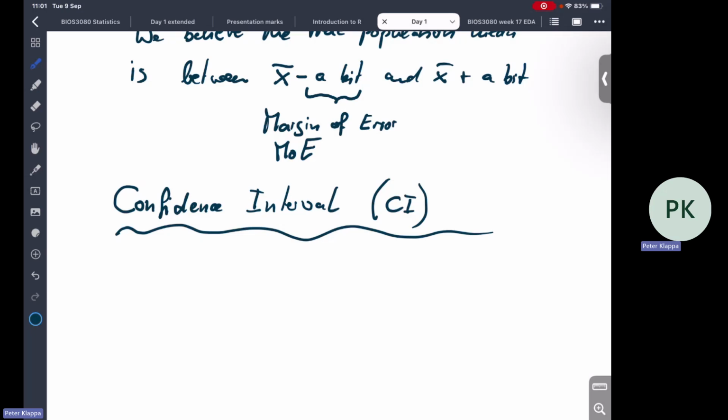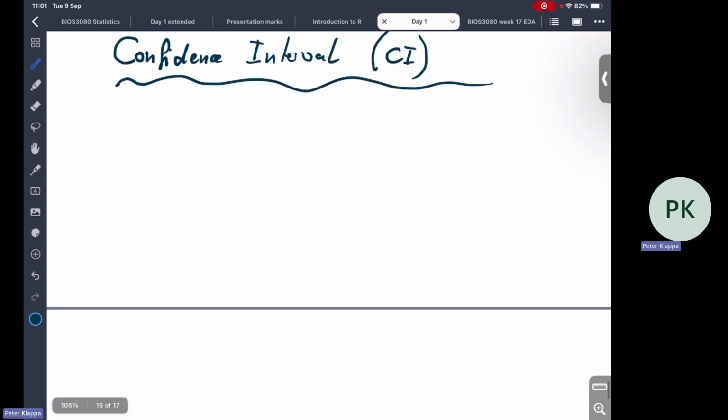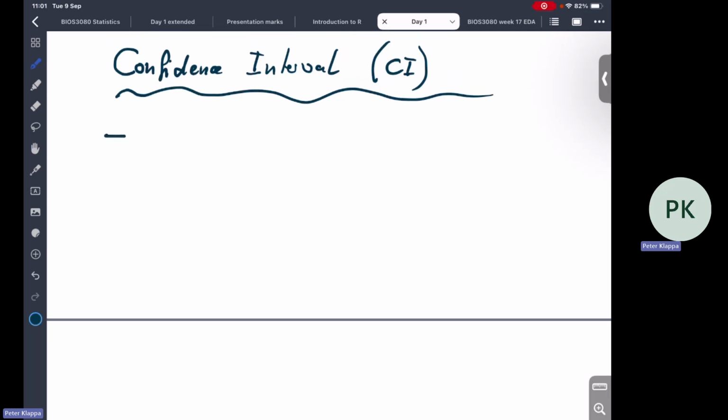What does a confidence interval depend on? The first thing is that the confidence interval depends very strongly on the data format.